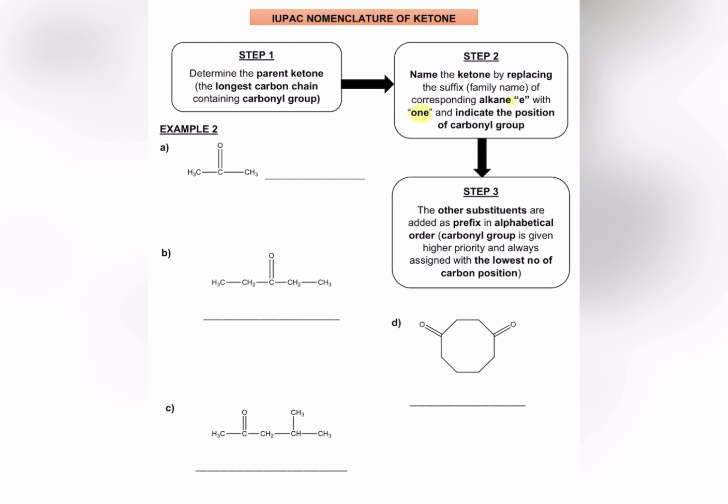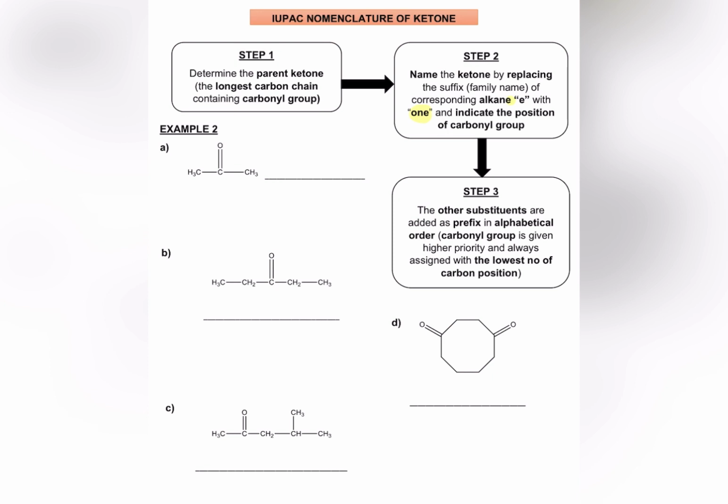And you must indicate the position of the carbonyl group because it is a ketone. There will be possibilities where your carbonyl group is not always at the first position of carbon. And last step, if you have substituents, put them as prefix in alphabetical order.